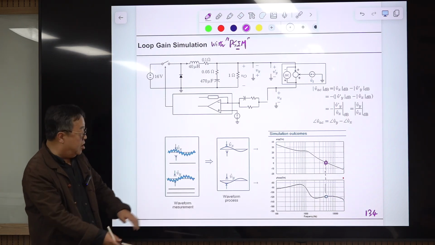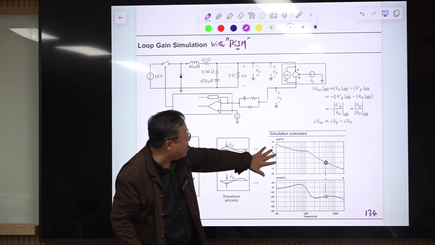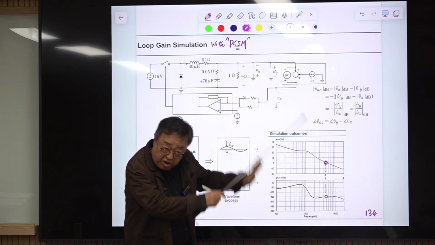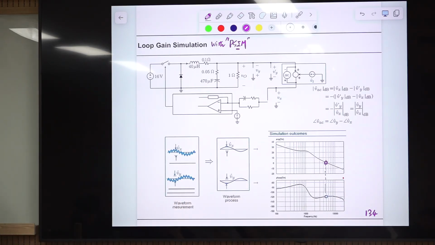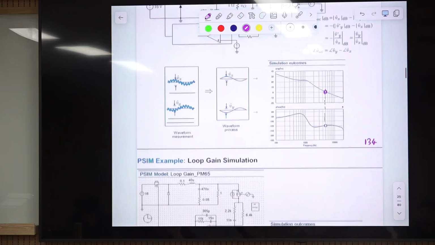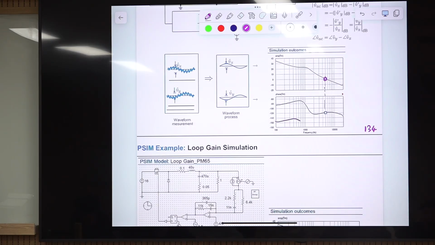But if you introduce some phase delay over the whole frequency range, this curve will be shifted like this, something like this. And this becomes minus 180 at this frequency.